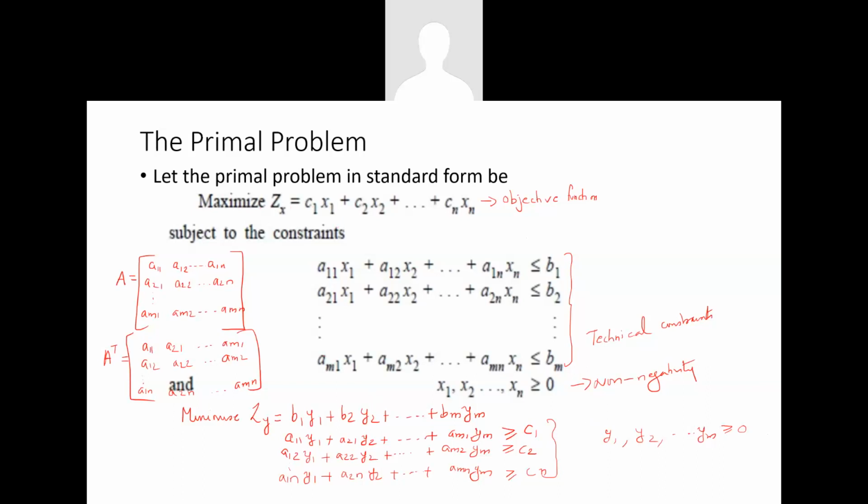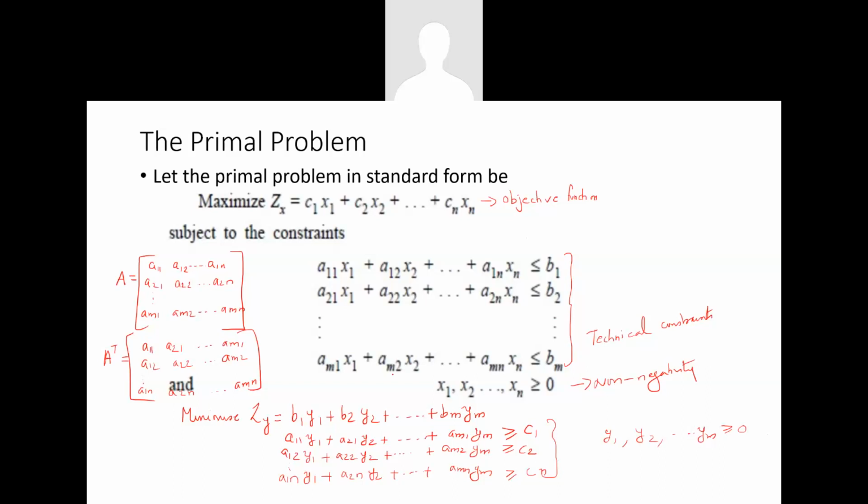Then we can see that in the maximization problem, in the technical constraints, on the right hand side of the linear inequality, you have these terms b1, b2 up to bm. These b1, b2, bm written in the constraint function become part of the objective function of the dual, that is minimization in this case, right?